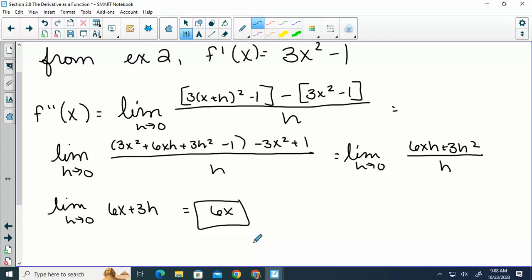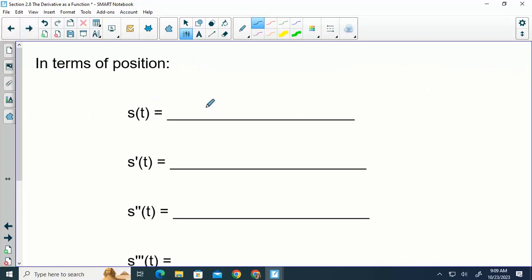So what this is representing, we know a derivative is the slope of the tangent line. So the second derivative is saying if you graphed the first derivative, it's the slope of the tangent line on that graph. In terms of position, that's an example we've used a lot. We know s of t represents position.